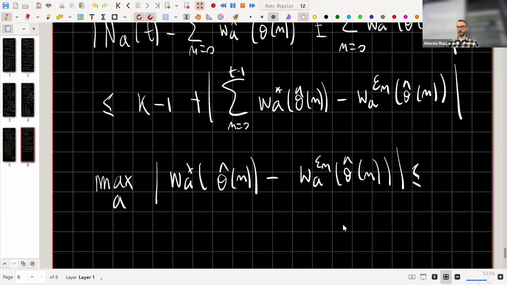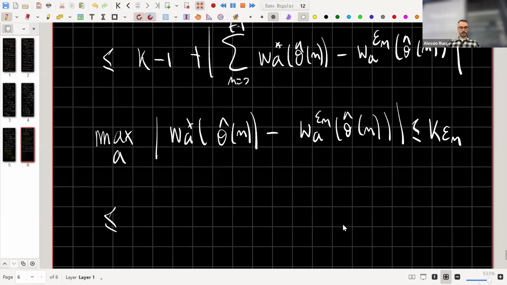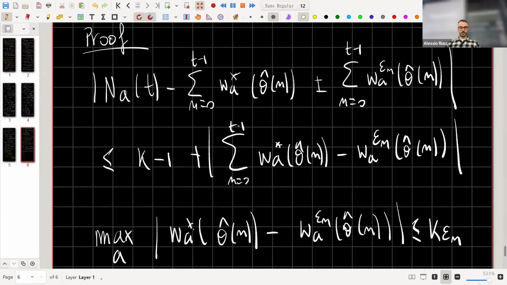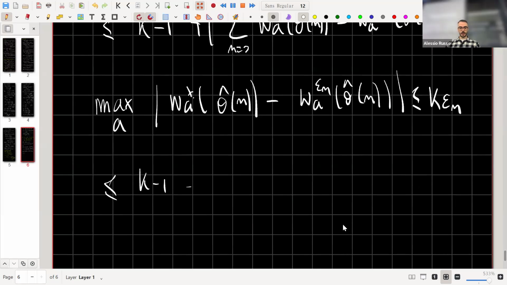We are going to write K epsilon n for simplicity. And because of the sum, the upper bound on this quantity becomes K minus 1 plus the sum from n equals 0 to T minus 1 of epsilon n.